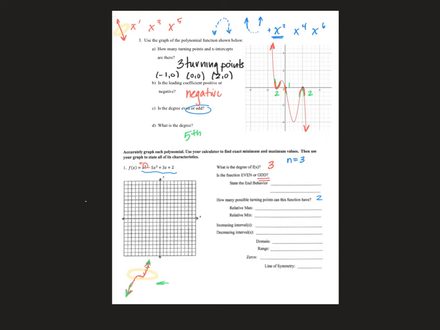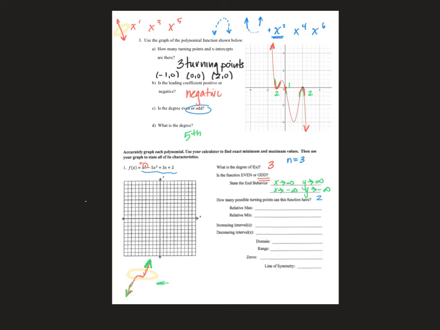So if we're looking at our end behavior, as x heads to positive infinity, the y is also going to head towards positive infinity. So even though I don't have an accurate graph, I'm focusing on this sketch down here. In terms of the end behavior the other direction, as x heads to negative infinity, then the y is going to be heading to negative infinity.